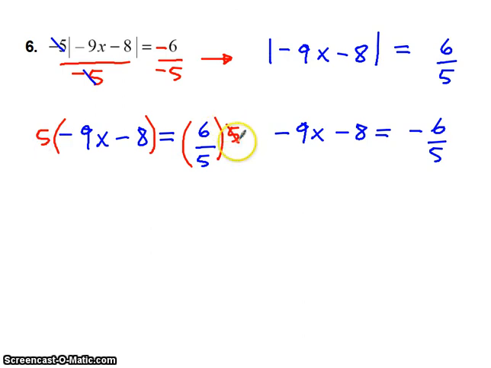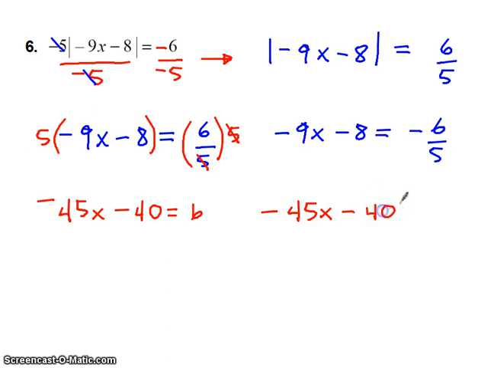And what happens is these guys cross off, distribute the 5, and we end up with a minus 45x minus 40 is equal to 6. On the right over here, we would end up with a minus 45x minus 40 equal a negative 6 if we were to multiply both sides by a 5.